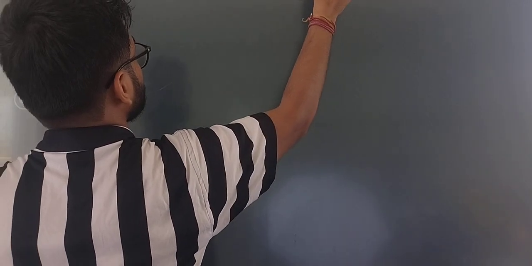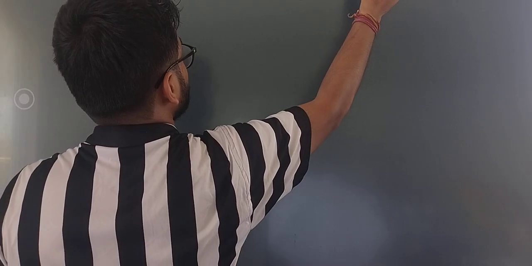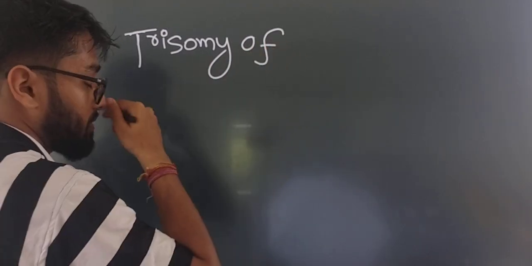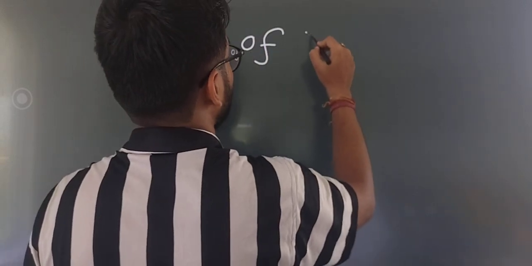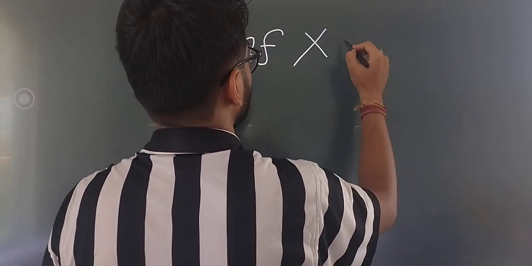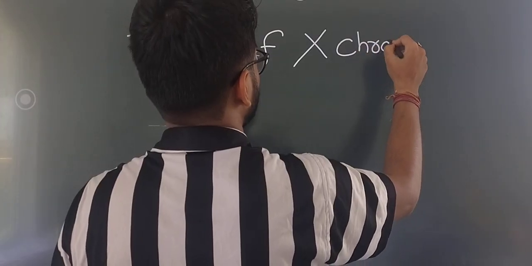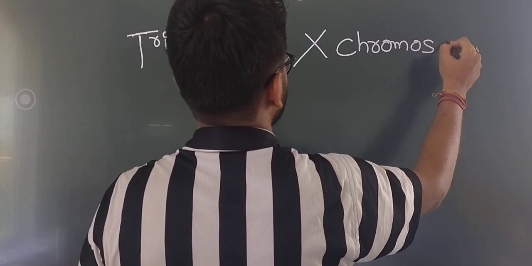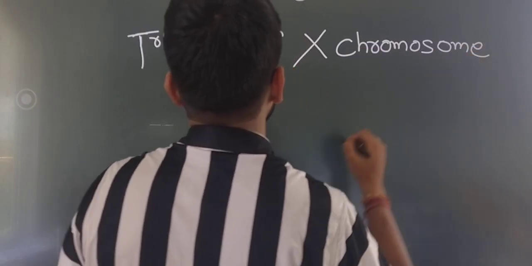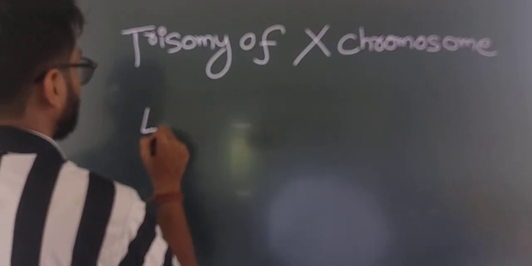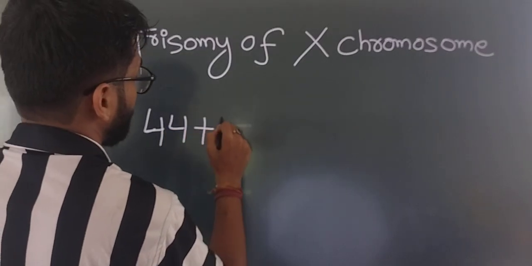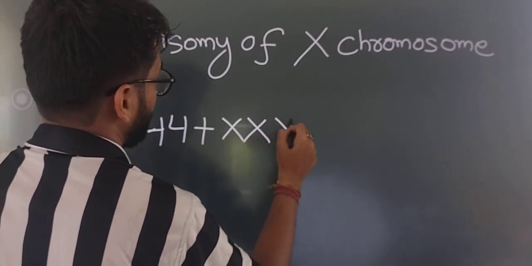This is trisomy of your X chromosome. Trisomy of X chromosome simply will be shown like 44 plus XXY.